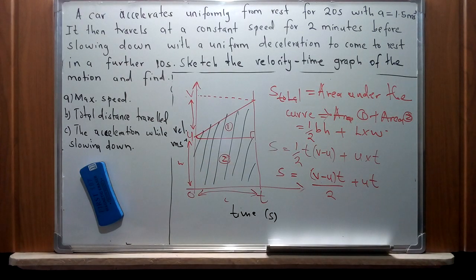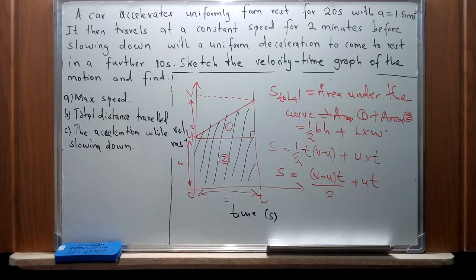We can try to expand that formula and see. For the first equation that we had written, we can simplify it by multiplying both sides of the equation by 2.